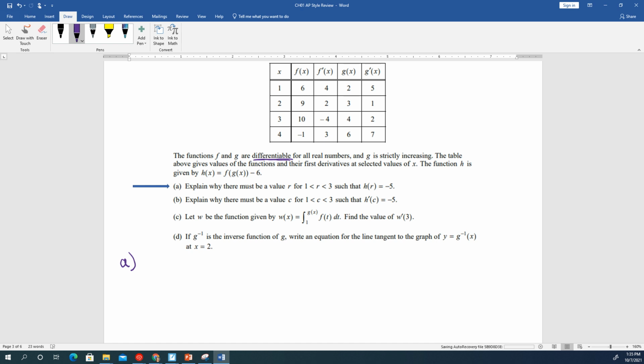So for right now, I'm telling you, h is continuous. This is the first part you have to show. Second part you have to show: think of this as the interval 1 to 3. I always start by finding the outputs at my endpoints. I've got to find h of 1 and h of 3.